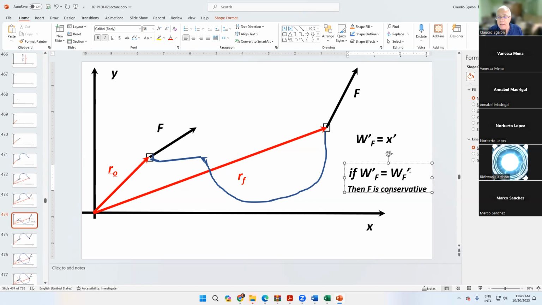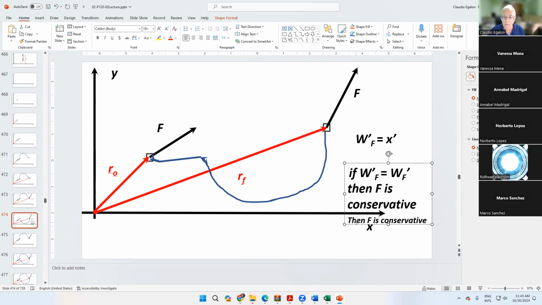That's how we define a conservative force. That's the very definition of conservative force.